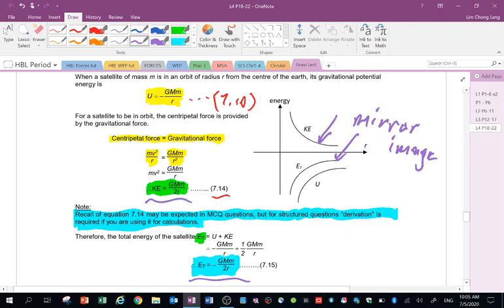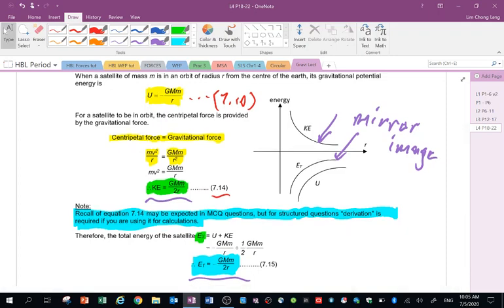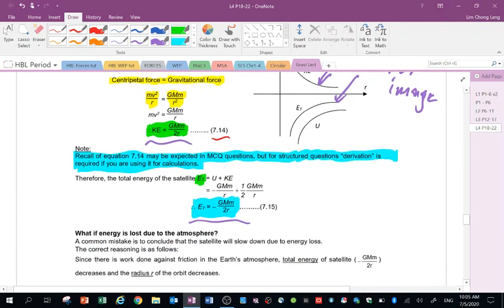One has a negative sign, the other has no negative sign, so they are mirror images. Whereas the potential energy graph is actually lower than the total energy graph. So you have to recognize the shape of the graph and you must be able to derive equation 7.15.